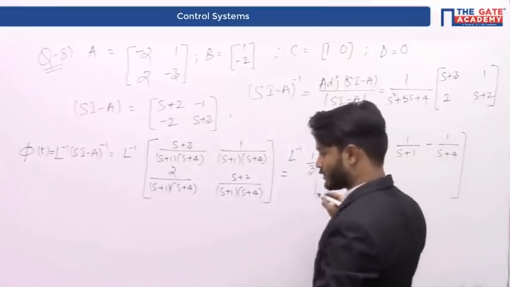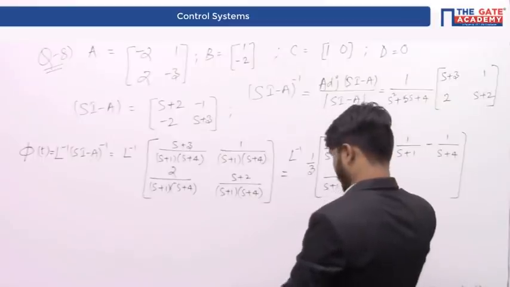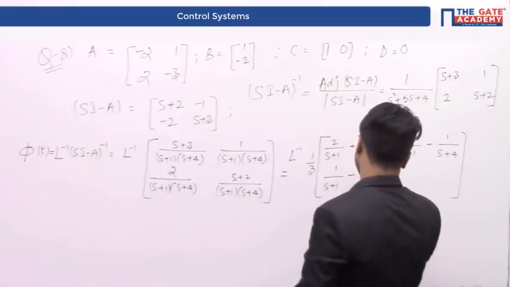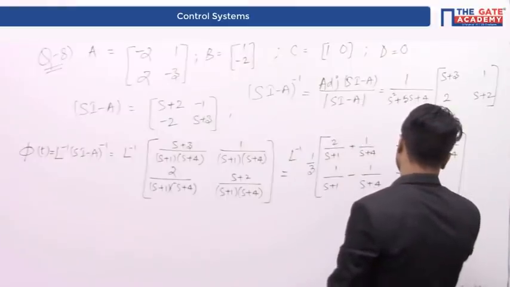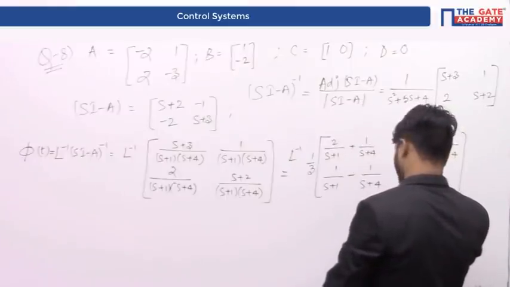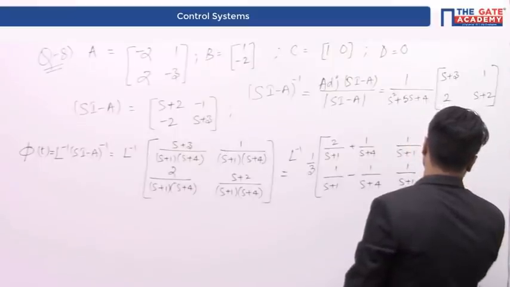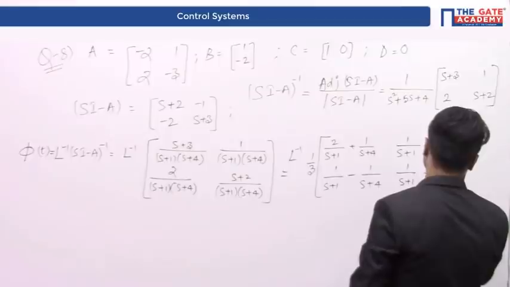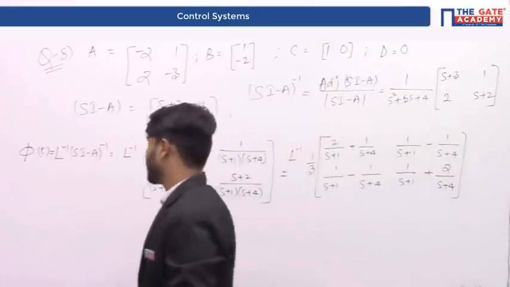The other factors are 1 by (s plus 1) minus 1 by (s plus 4), and 1 by (s plus 1) plus 2 by (s plus 4). Therefore, you can easily calculate the Laplace inverse.